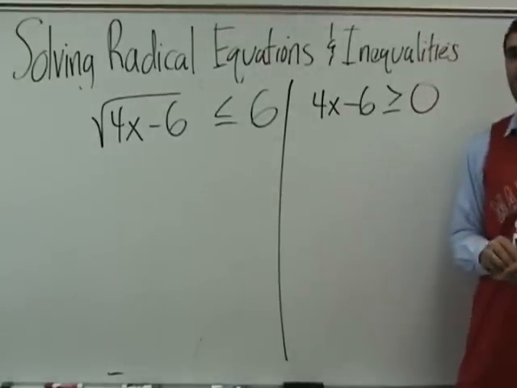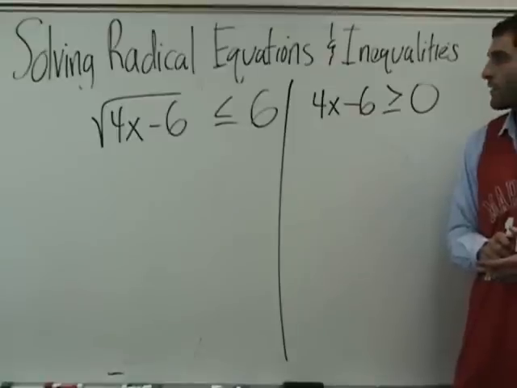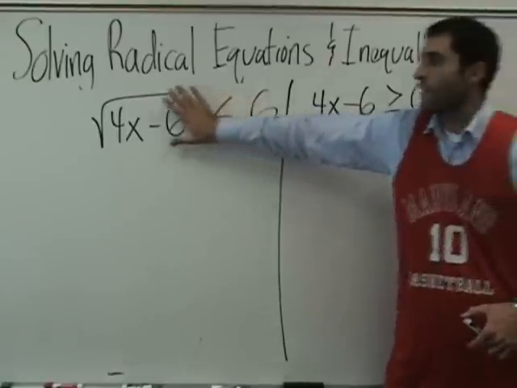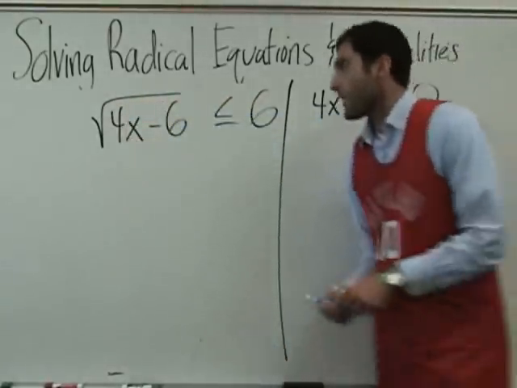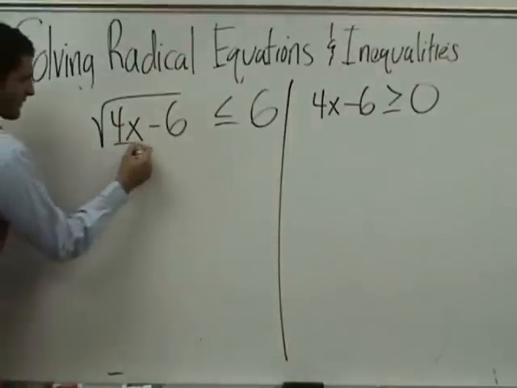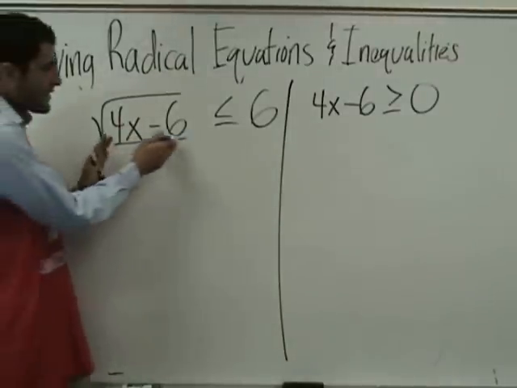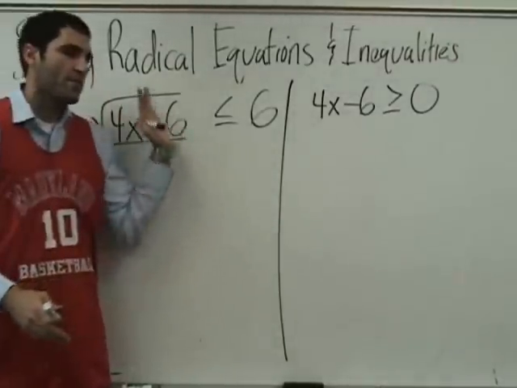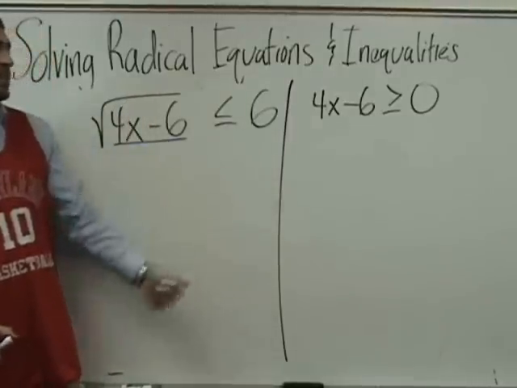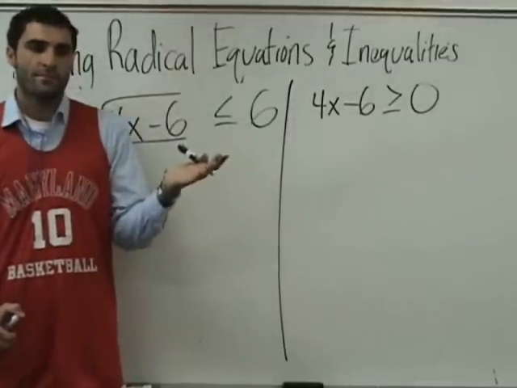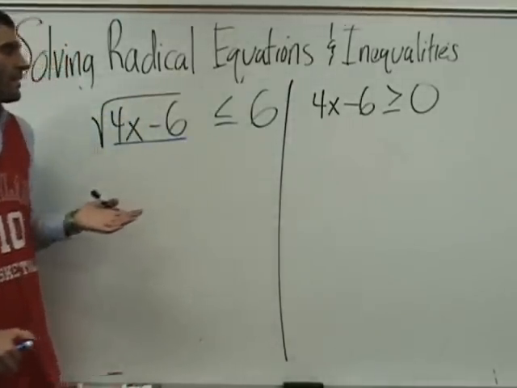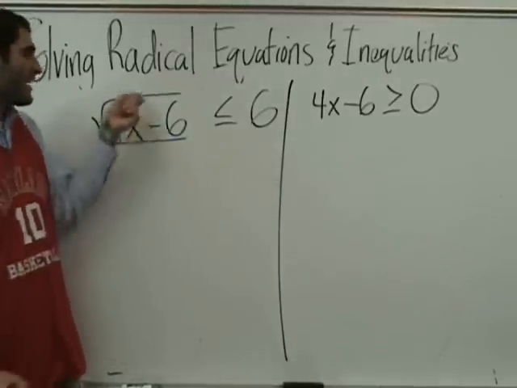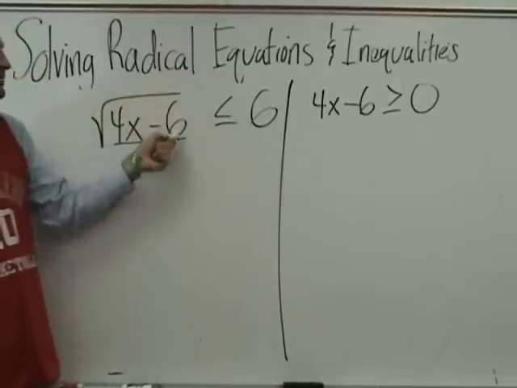We're not doing this problem yet. Based on the rules of square roots, this piece has to be either 0 or more, because there's no square root of a negative. This can't be negative inside here.